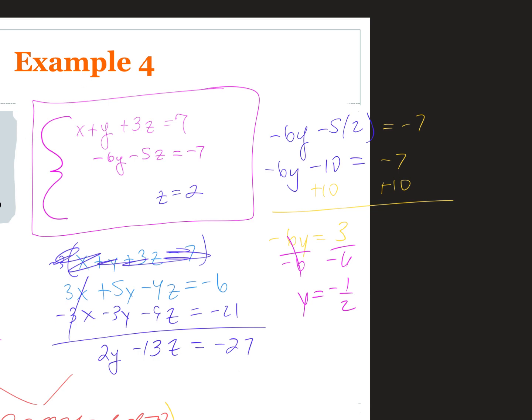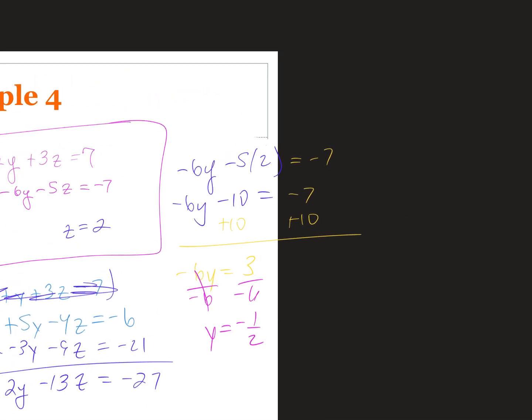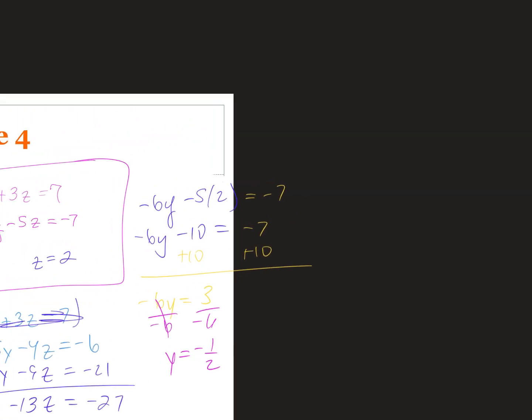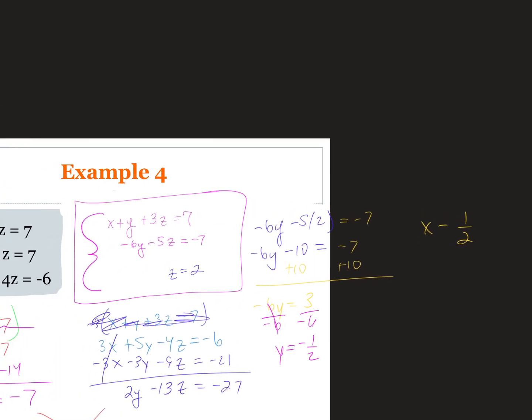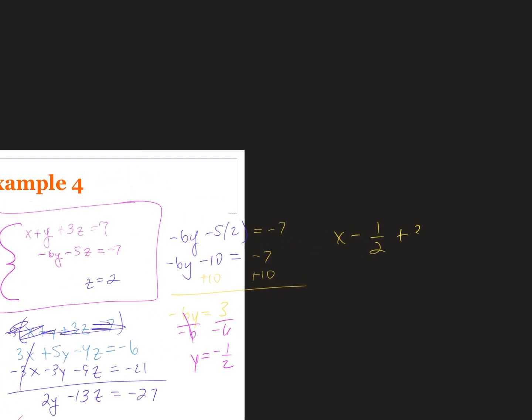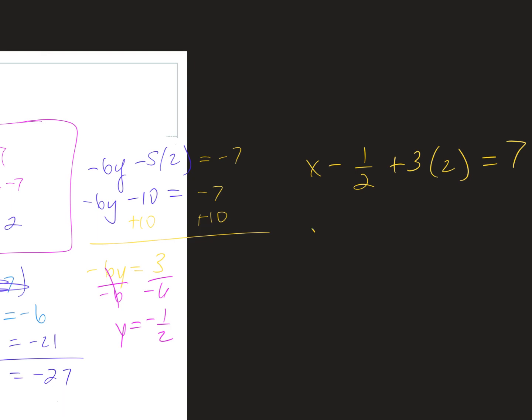Once I know what x is, we'll have our ordered triple. So I have x minus 1/2, right, plus a negative 1/2, plus 3 times z, which was 2, equals 7. Okay, we have to work with fractions, no big deal. X minus 1/2. This is the whole number 6, correct?